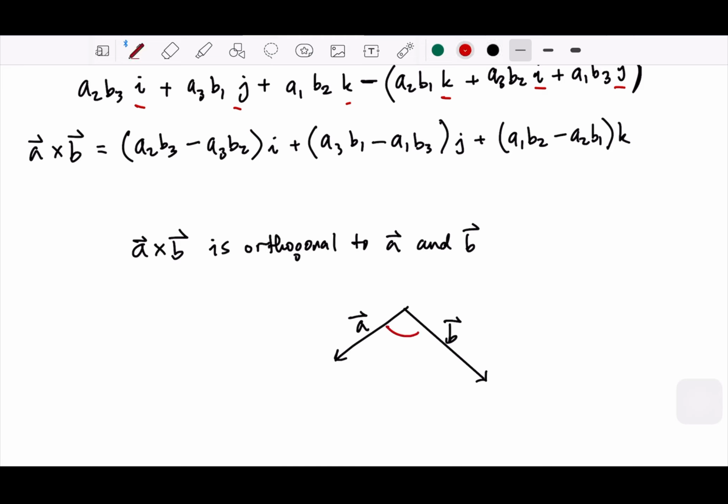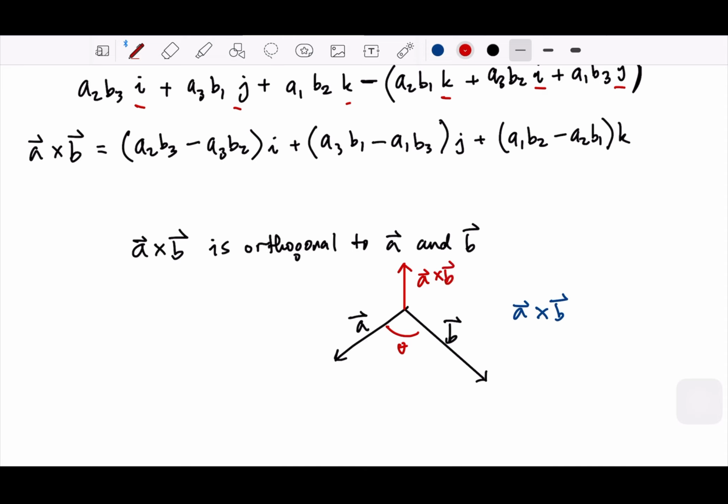If this is angle theta here, if we want to find A cross B, we can use our right hand. We start with A and then cross to B. So if we imagine this in 3D space, it will go up. So the result, orthogonal to these two vectors, will be here.